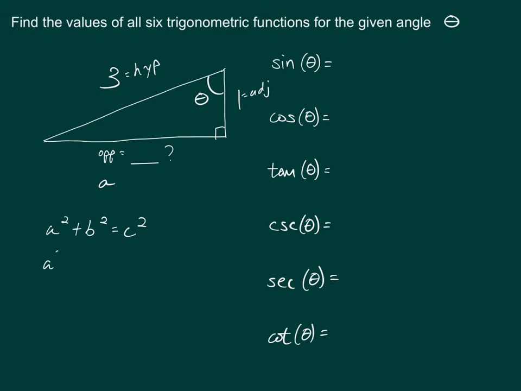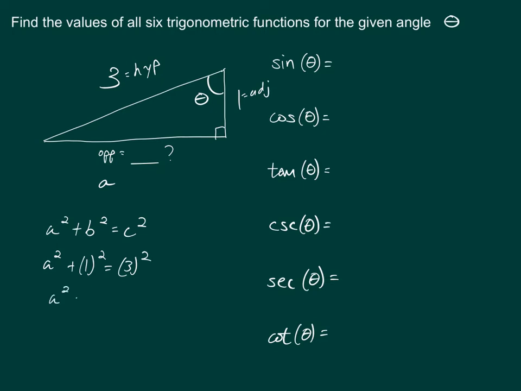So I don't know A. I do know B, so A squared plus 1 squared equals 3 squared. I can go ahead and find what A is equal to.